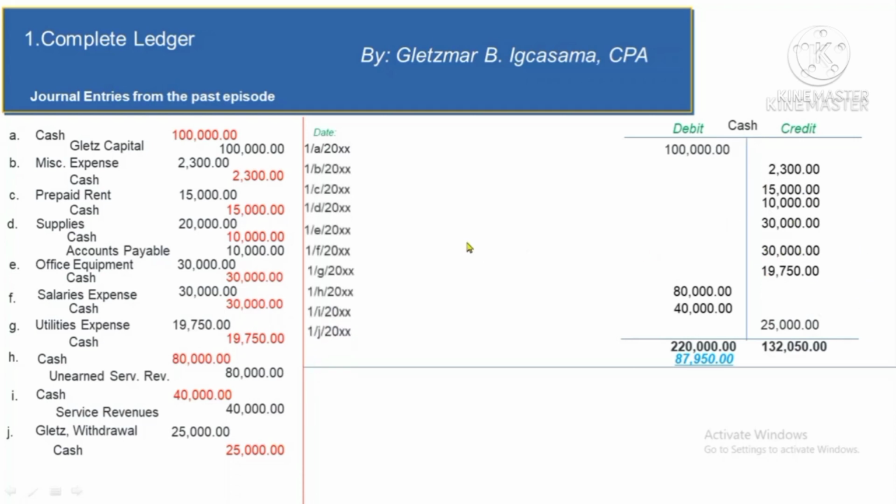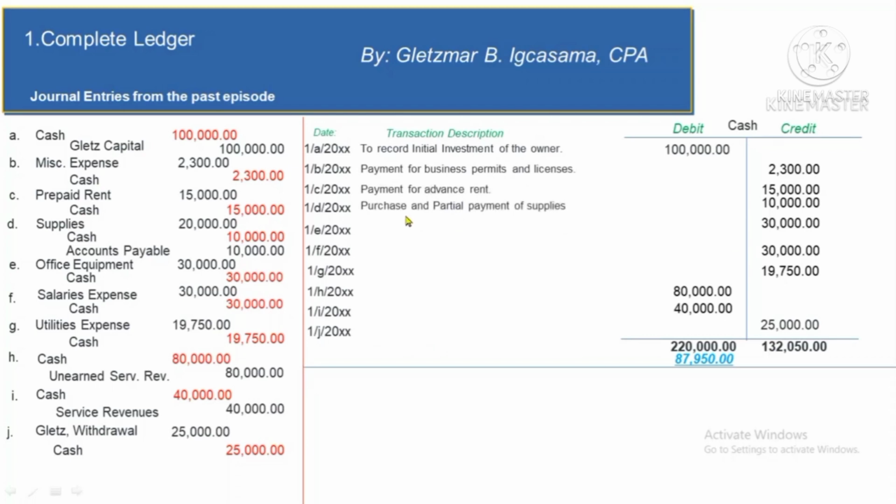Another is that you must also add the transaction descriptions like this one. This cash inflow happened because of what? I don't know if you can still remember, but this happened because of the initial investment of the owner, right? And of course, this 2,315,000 and these credits happened because you have paid for business permits and licenses. You have also paid for advance rent, as well as you have purchased and partially paid the supplies.